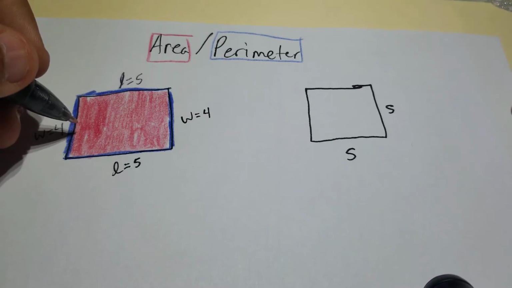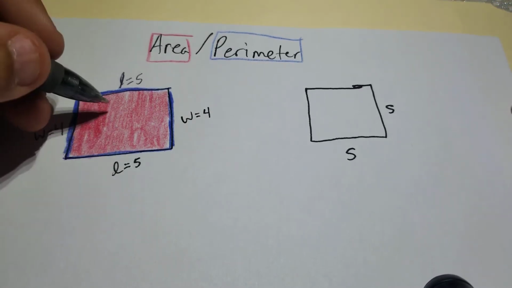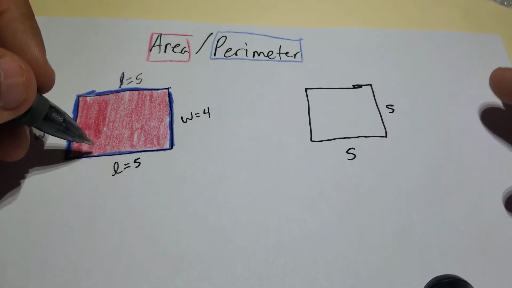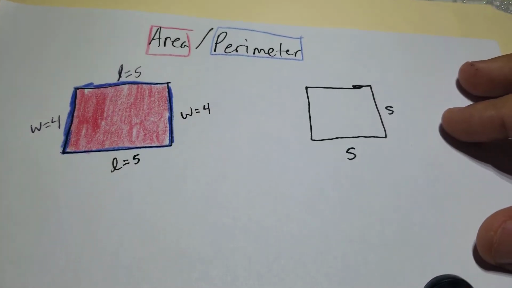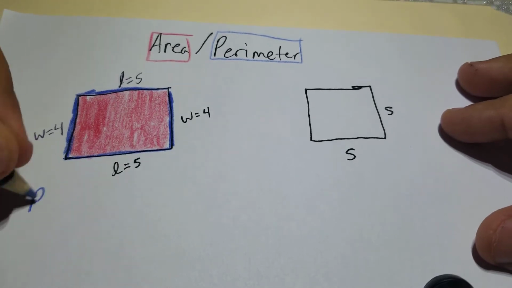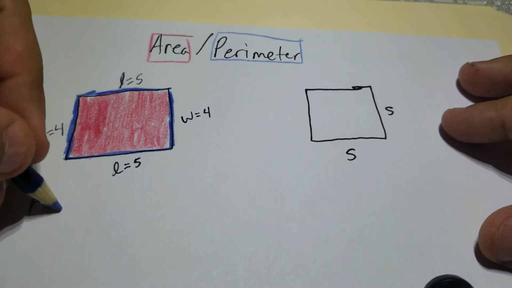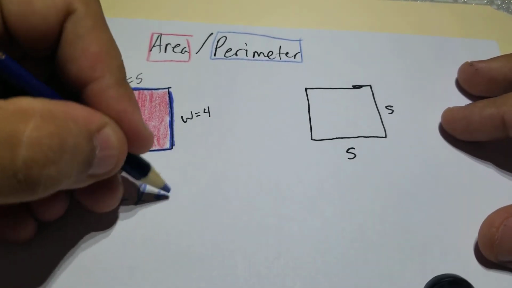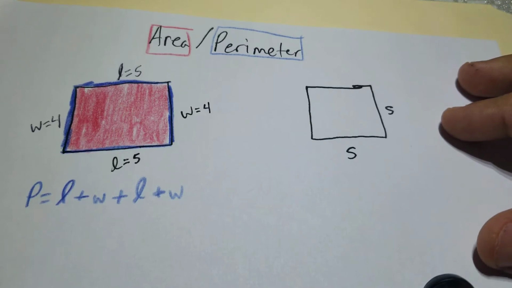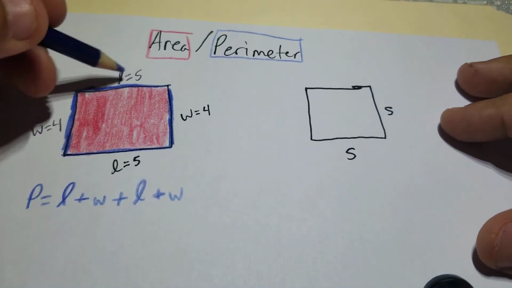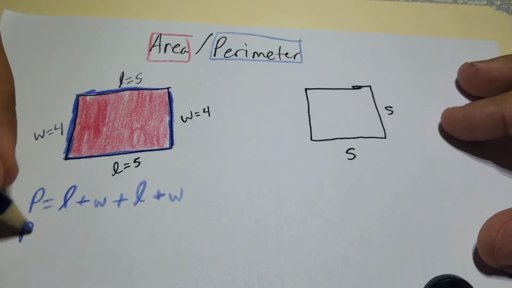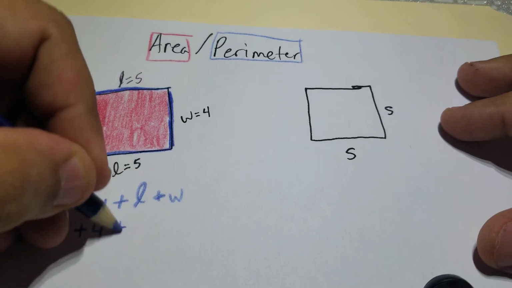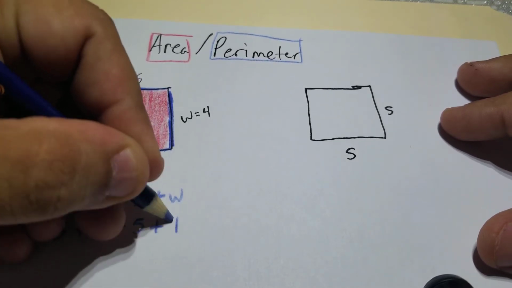Now, to find the overall length, basically it's just adding all the sides together. So to find the perimeter, you have one of two ways. You can do length plus width plus length plus width. And all you do is substitute the numbers where they belong. So wherever you see an L, you exchange it with a 5, and wherever you see a W, you exchange it with a 4.